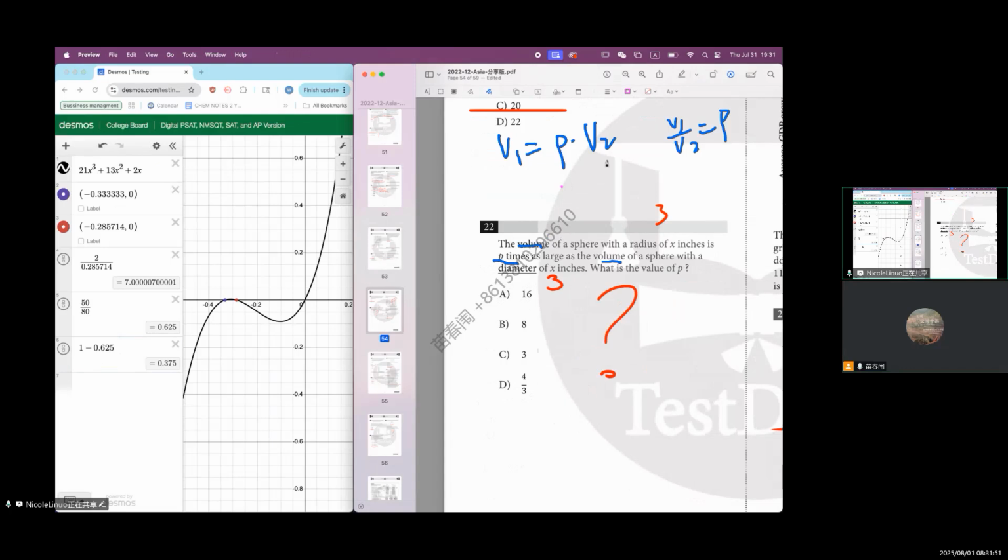Okay. But I don't have anything. I don't have V1 or V2. There's something I haven't used. So V1, there's more description here with a radius of x inches, right? And V2 with a diameter of x inches. So let's use the first one here, x inches, which means V1 is 4 over 3 pi x cubed, right?